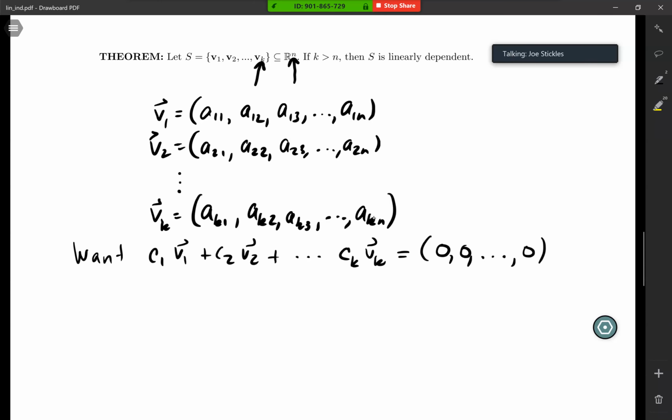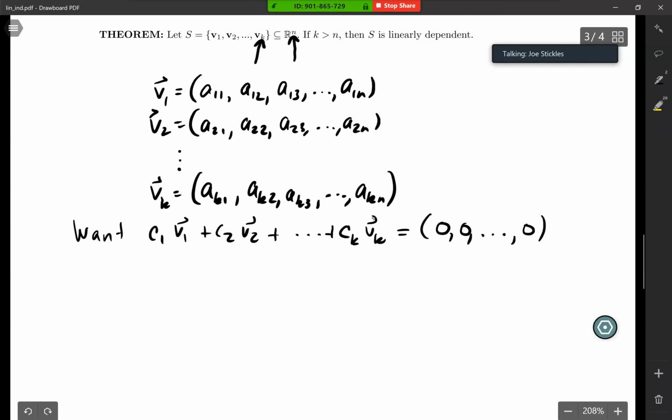This is what we have to consider anytime that we're doing linearly independent or linearly dependent, right? We have to start with a linear combination that gives me the zero vector. What we need to show in this case is that this has solutions other than just using all zeros for the constants.